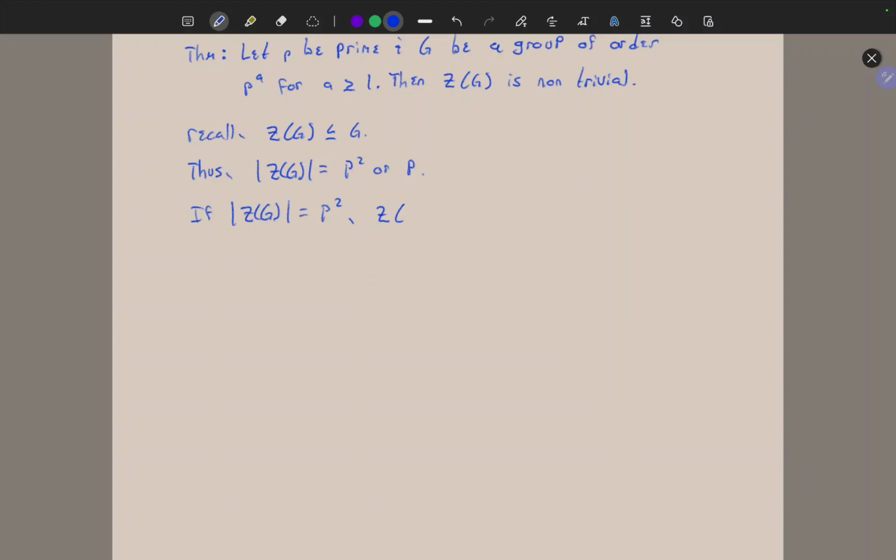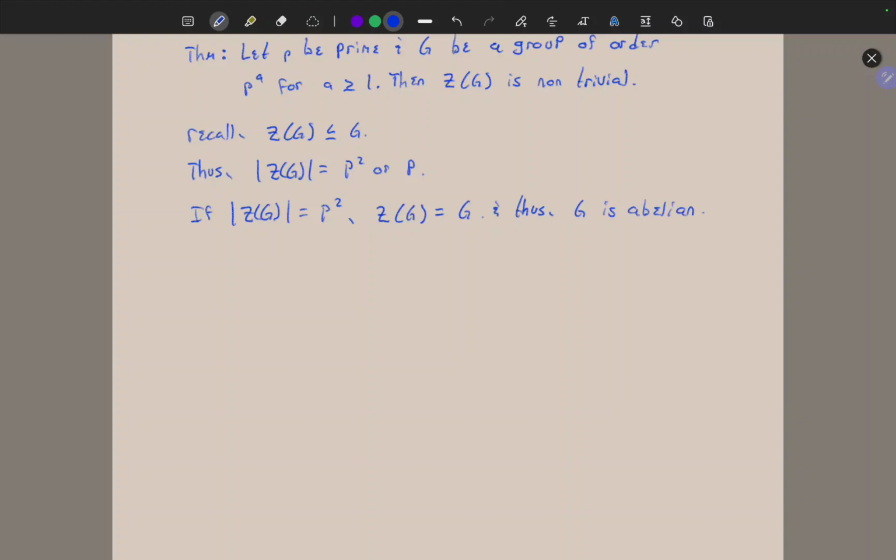So that means that the center of G is equal to exactly G. Now recall that the center of a group consists of all of the elements of the group that commute with each other. But if the center consists of all of the elements of the group, then the group itself must be abelian. So that finishes the proof, or at least the case where the order is P squared. And thus G is abelian.